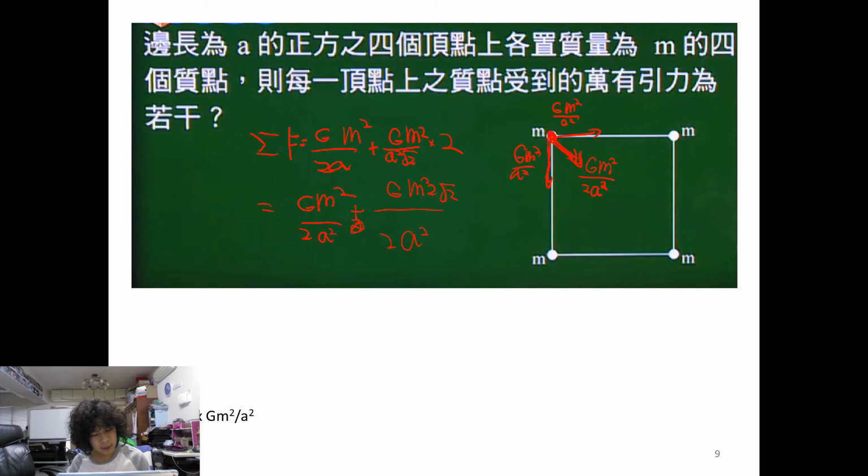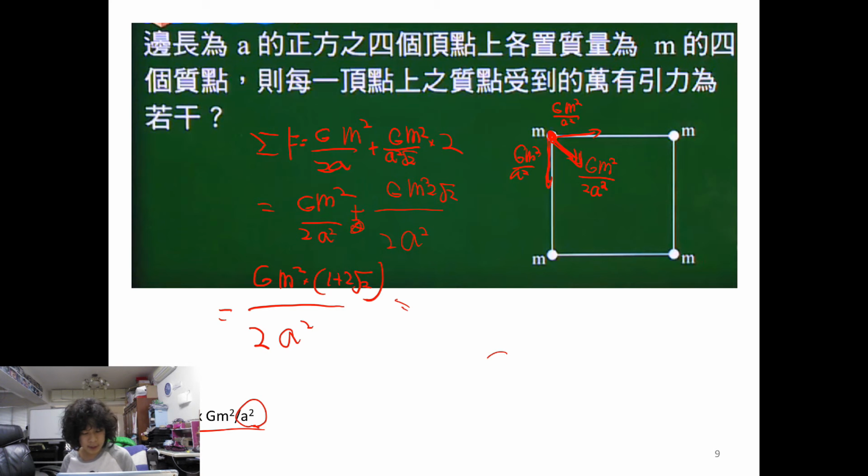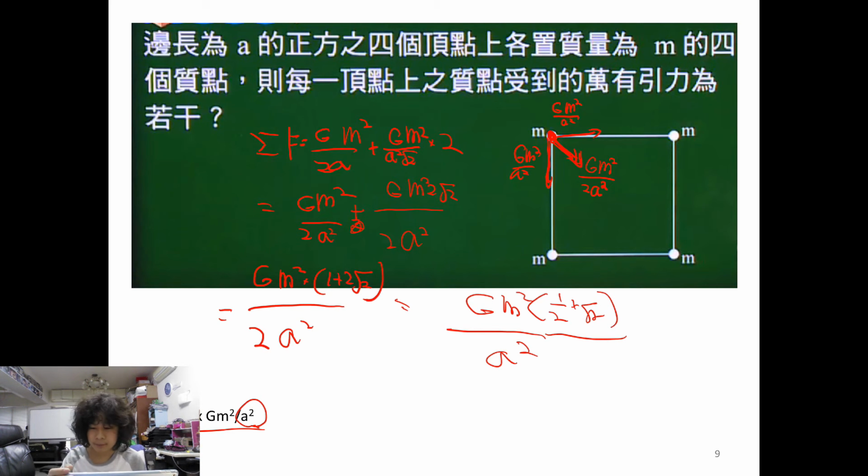It equals 3m² over 2a² times (1 plus 2 square root of 2), and then you can get the answer. You can just write 1/2 plus square root of 2, so you can get the answer.